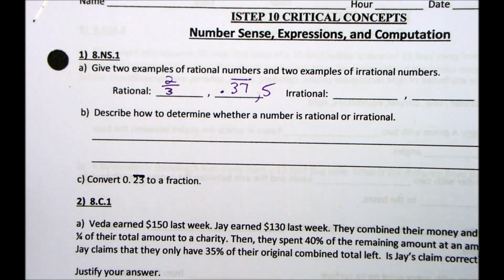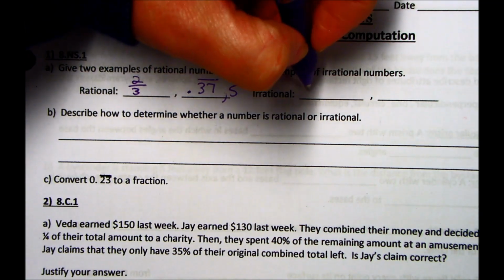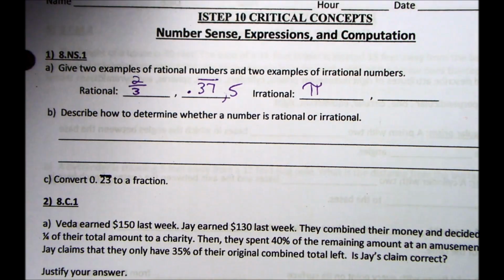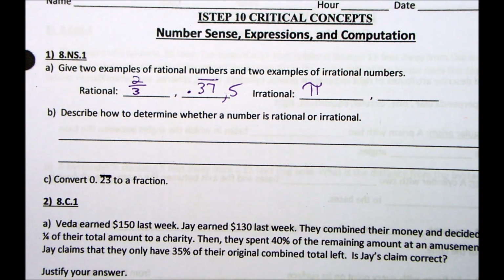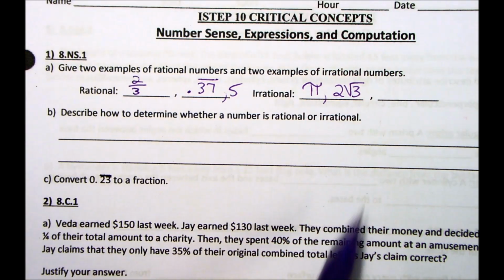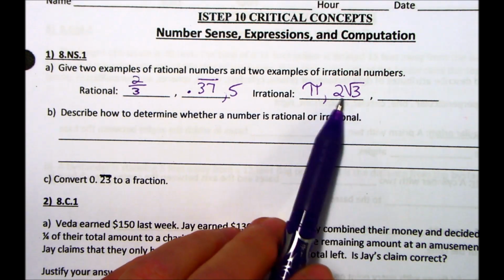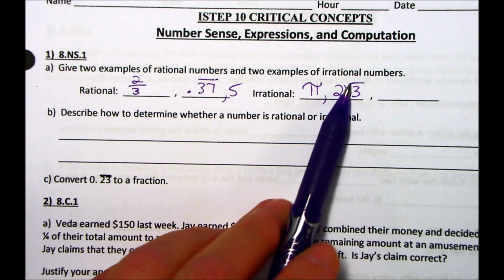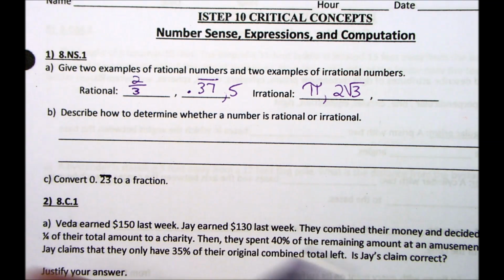An irrational number would be something like pi, which most people are familiar with. It's a number that has a decimal that continues forever and ever without repeating. But you could also have a number like 2 square root of 3. So even though there's a 2 in front, because it's with the square root of 3, the square root of 3 is irrational because, again, it is a decimal that goes on forever and ever without repeating.